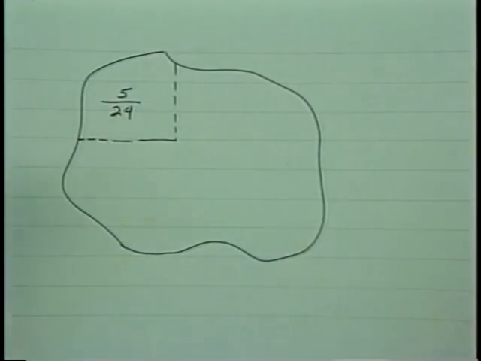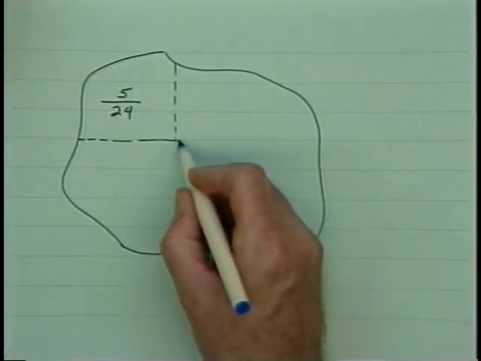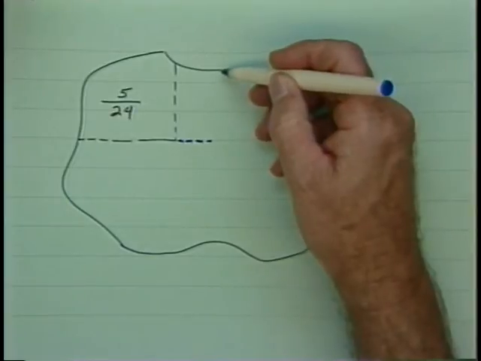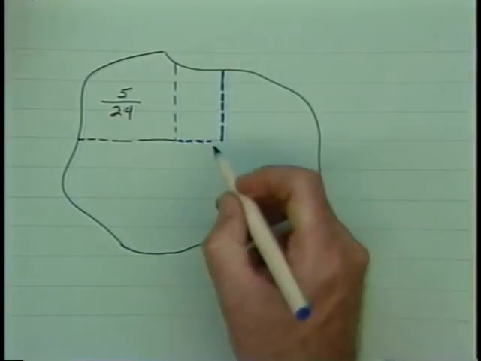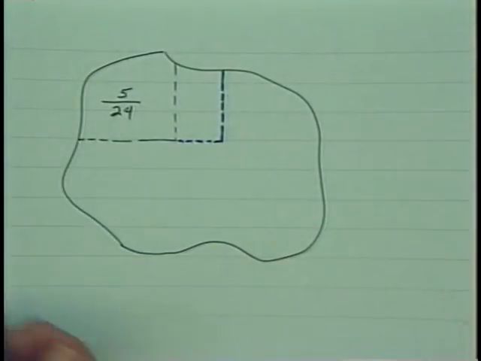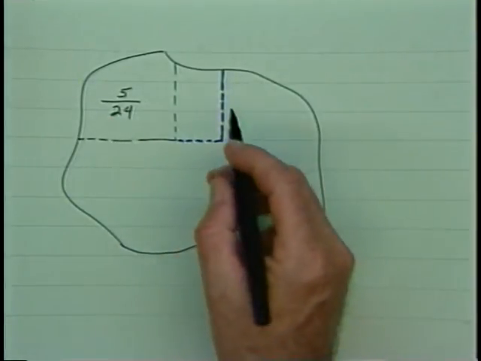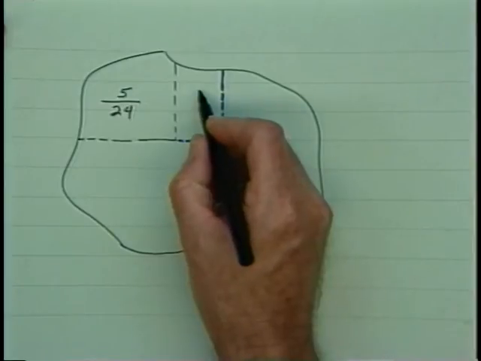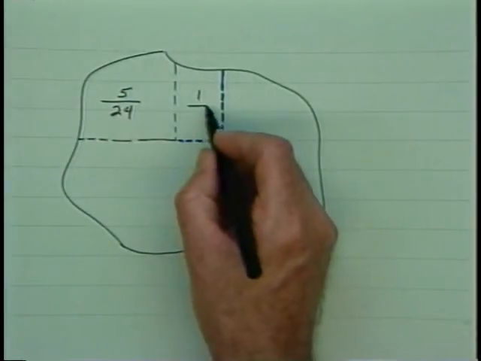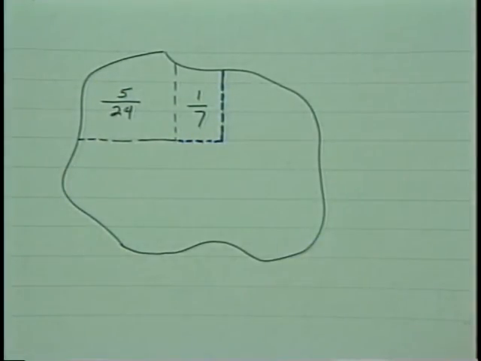But let's say later we wish to sell another portion of our land, and of the total land we were able to somehow determine that we only sold one piece out of 7 such pieces.